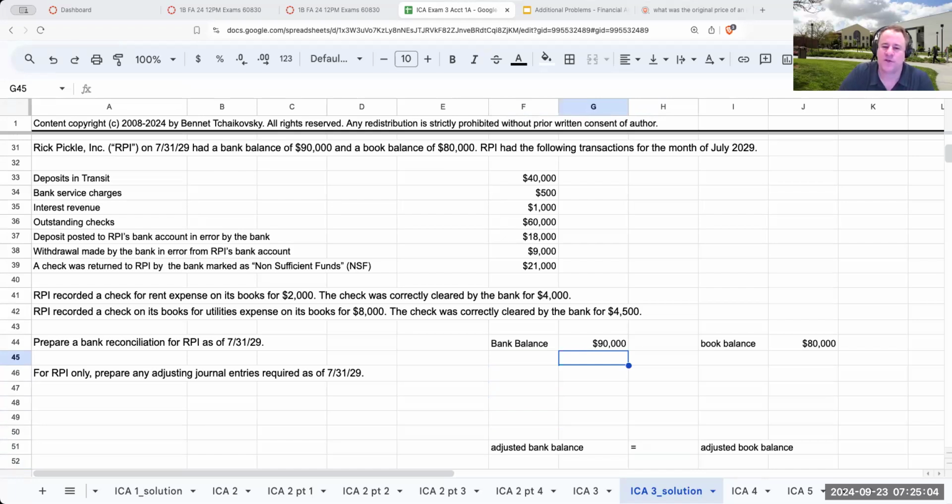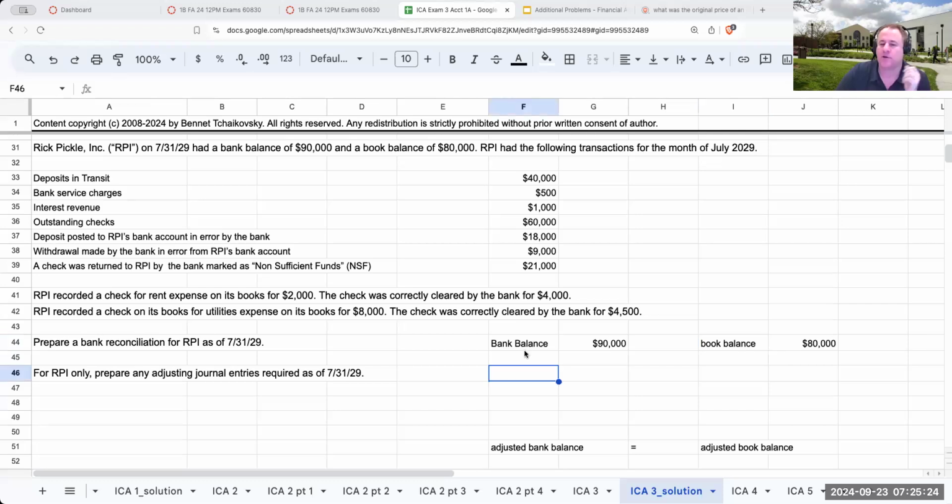So, what is a deposit in transit? Well, a deposit in transit means that the customer made a deposit to their bank. However, either the bank has placed the deposit on hold or it has not received the deposit yet.